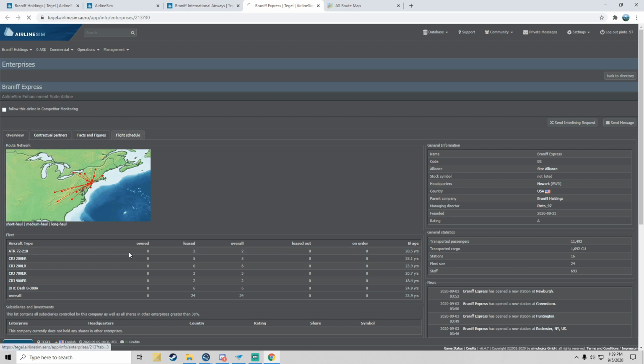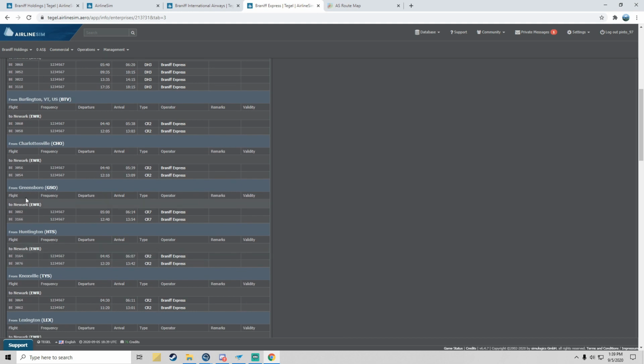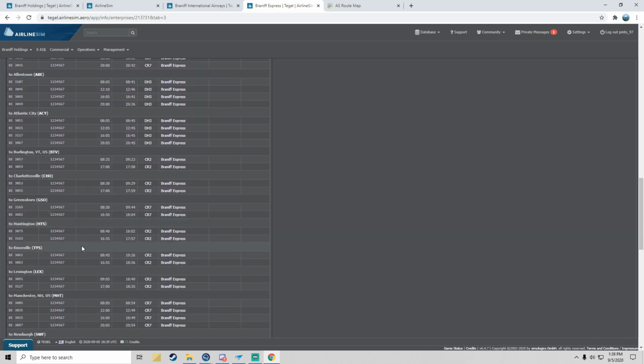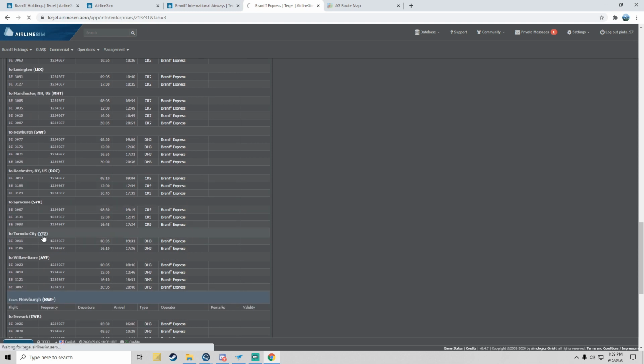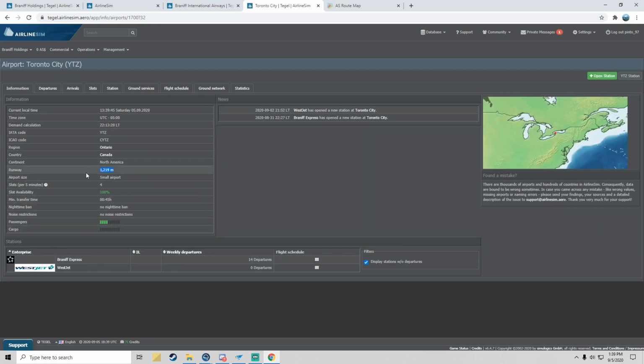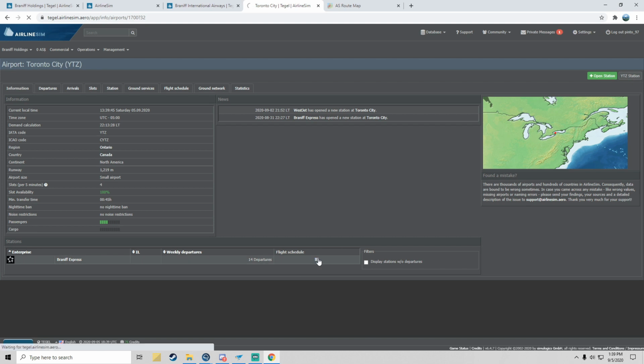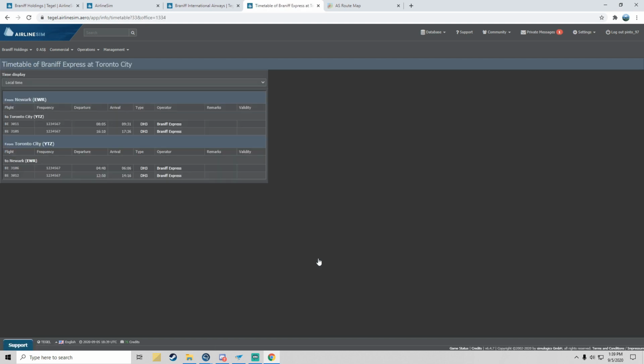For instance, one big one is, let's see, where is Toronto City? It has a 1,200-meter runway. Not even possible for me to land any other aircraft at. So it's worth it. And the great thing is, I was able to get a lot of these planes for very, very cheap.